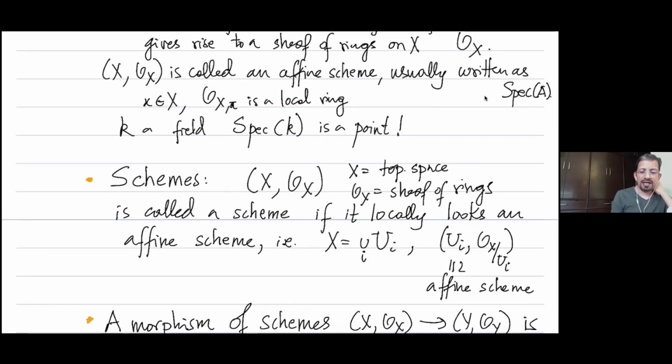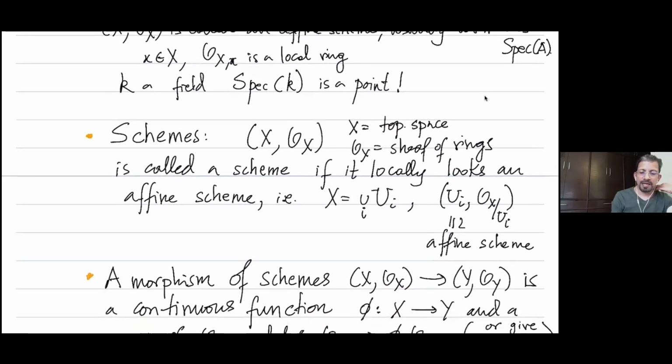Keep in mind that if K is a field, then there are no ideals in K; 0 is the only ideal. So Spec K is just one point, the prime ideal 0. That would seem to suggest that spectra of different fields are all the same in some sense, but that's only topologically.